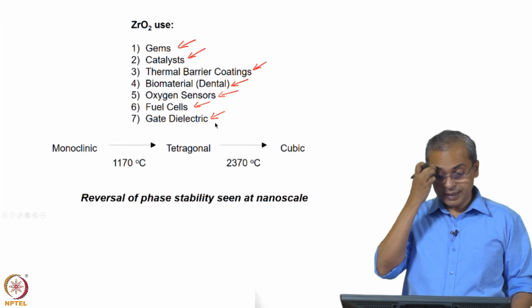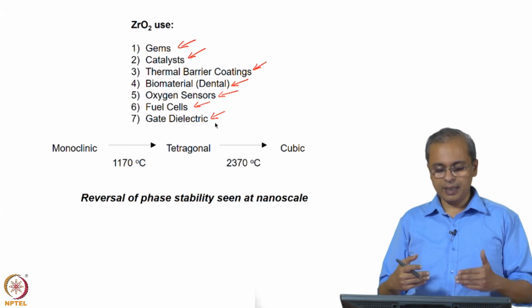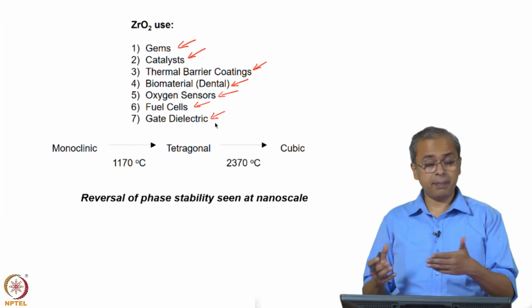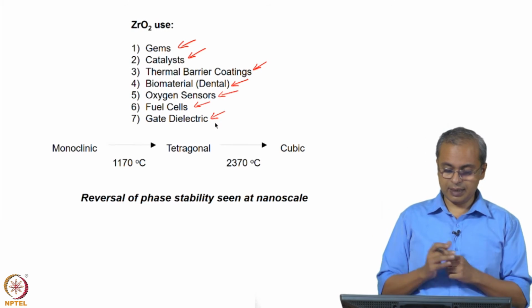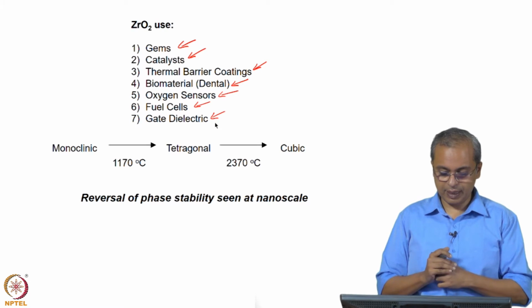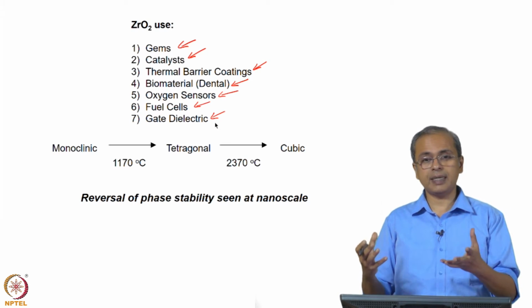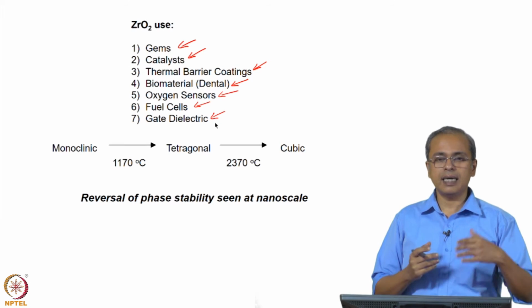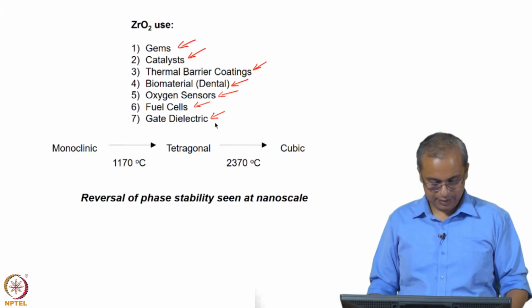So, this is a wide range of things. This is used inside the human body, it is used in vehicles that we use, it is used in medical applications for oxygen sensors and also for vehicular applications. It is used in semiconductor devices, catalysts for organic synthesis, and of course, for decorative applications such as gems.